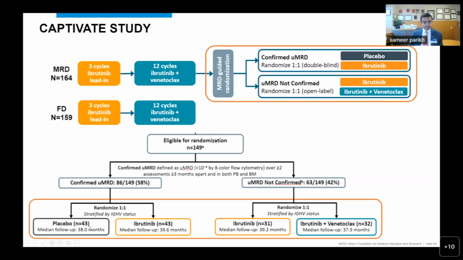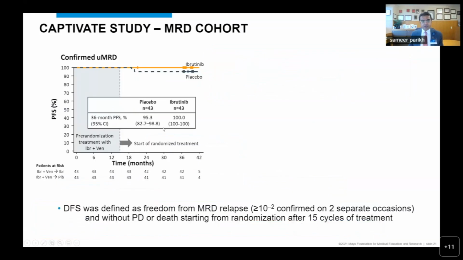Here are the data about the patients in the MRD cohort, where of 149 patients who were eligible for randomization at the end of treatment, about 58% had undetectable MRD, and those patients were randomized to either placebo or ibrutinib, and on the flip side to either ibrutinib or ibrutinib and venetoclax.